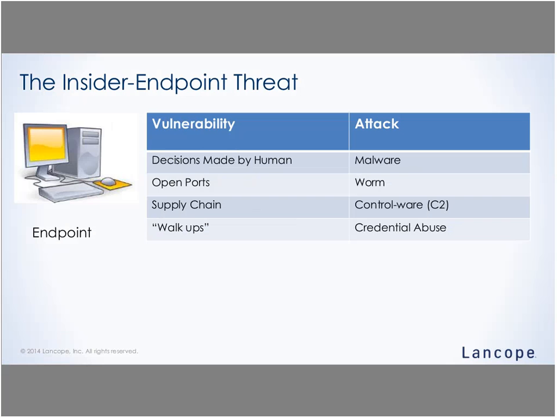The other is dealing with the endpoint, and so the endpoint, the biggest vulnerability to that is there's a human being that has all those vulnerabilities we're looking at before, clicking things, installing things, going places that are ill-advised. So, the end result of that is malware becomes installed on the machine.